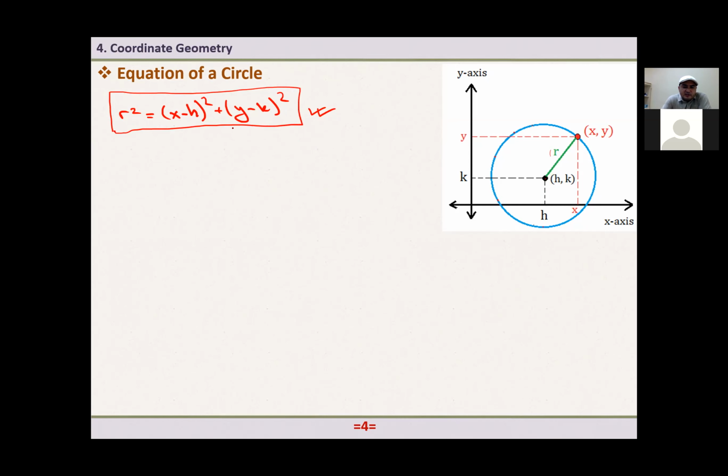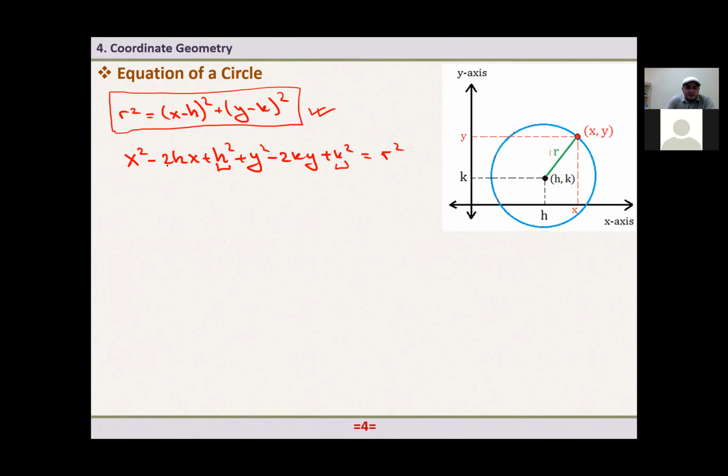After that, if you expand this, we can get a different form of the circle. If you expand the left-hand side, what do I get? We get x squared minus 2hx plus h squared plus y squared minus 2ky plus k squared. On the right-hand side we have r squared, and that's just a constant number.